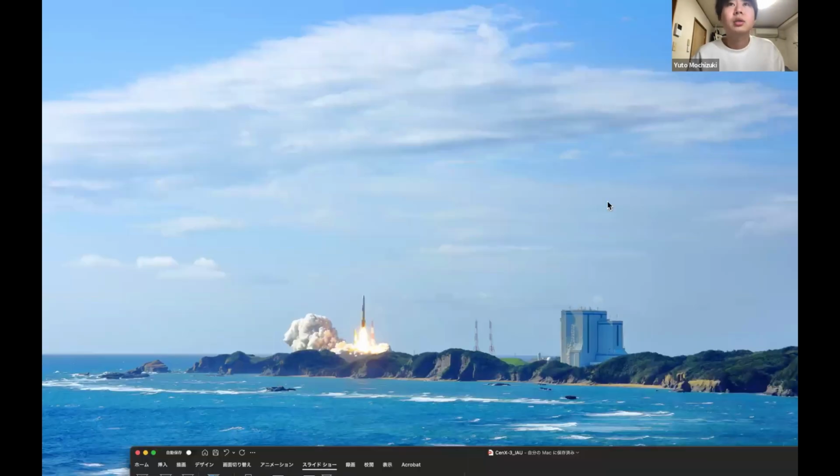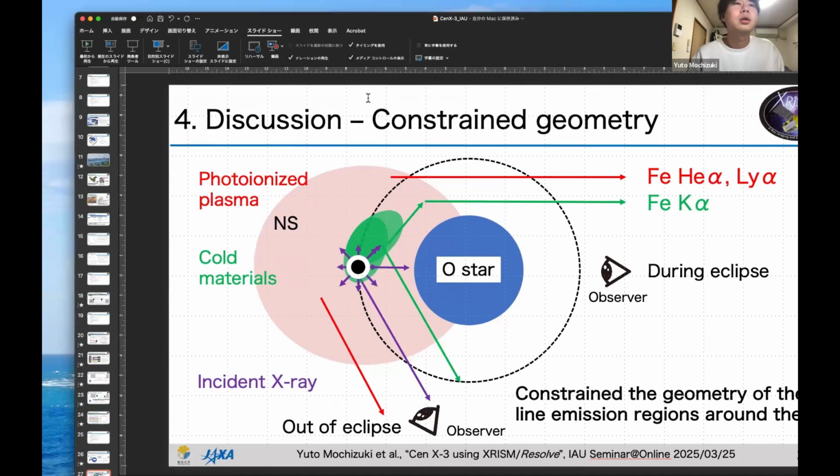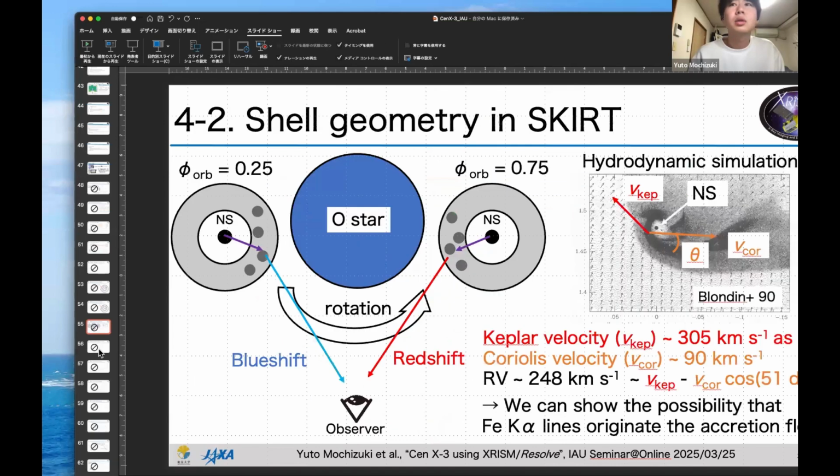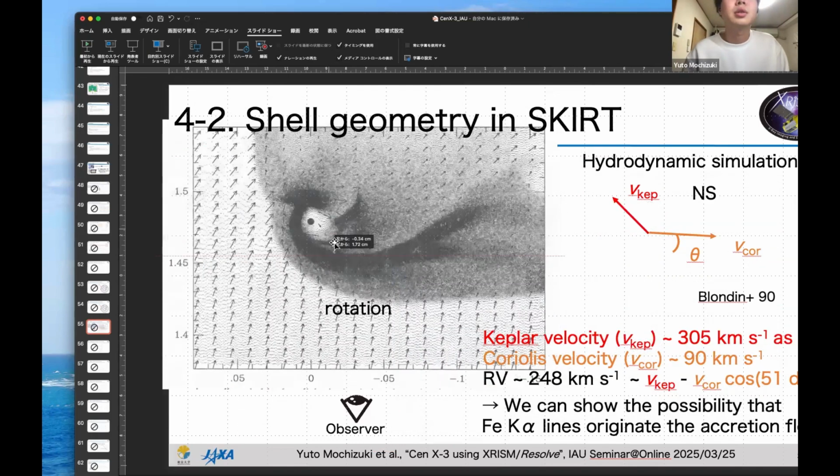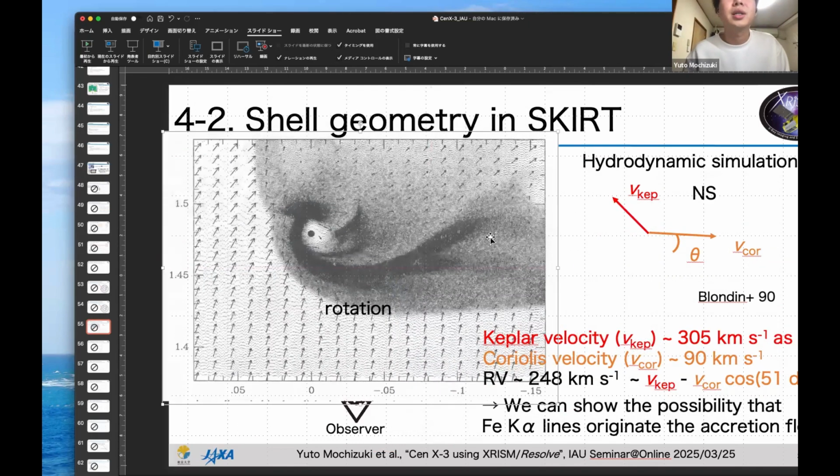Give me a sec. Can you see my slide? So this way, like that. The neutron star is just moving around the O star and accreting the material from the stellar wind and Roche lobe overflow.